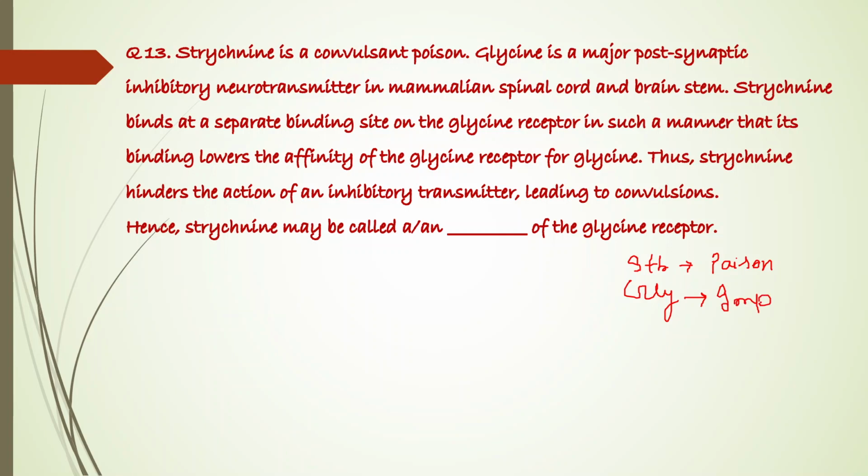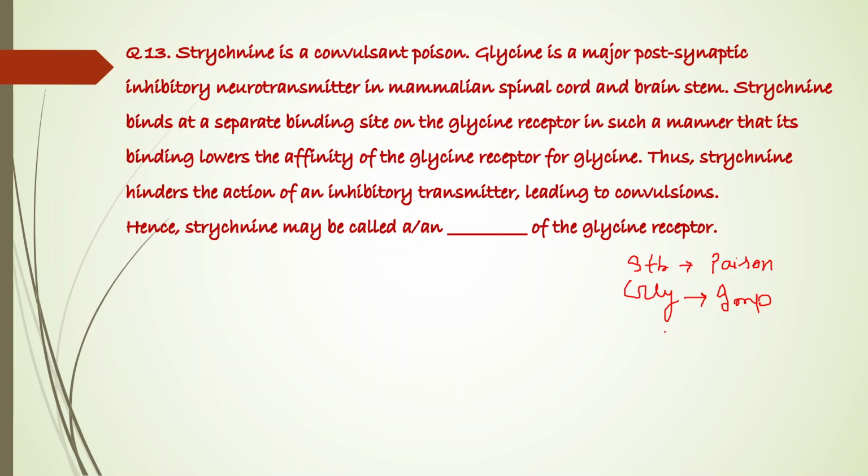Fine. The next line states strychnine binds at a separate binding site on the glycine receptor in such a manner that its binding lowers the affinity of glycine receptor for glycine. So what does this statement mean?